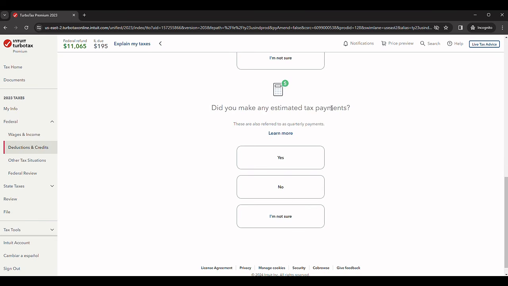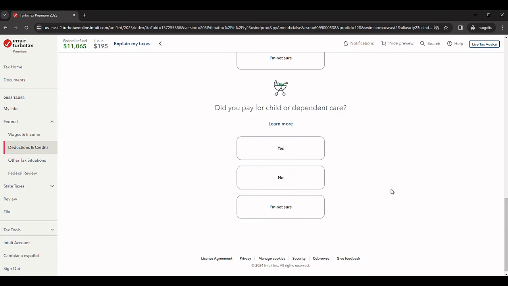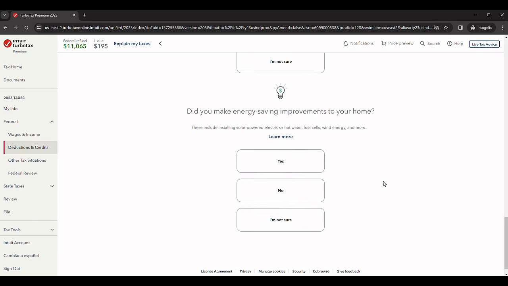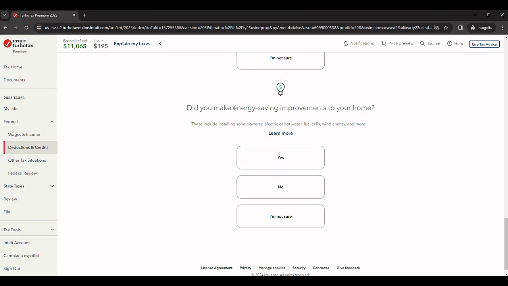Did you make any estimated tax payments? We're not doing self-employment income, that stuff, so we're going to write no. Did you pay for child or dependent care? Let's see. Yes. Do you have an HSA? Okay, fine. Yes. Did you make energy saving improvements to your home? If you did, then check yes and just answer the questions.